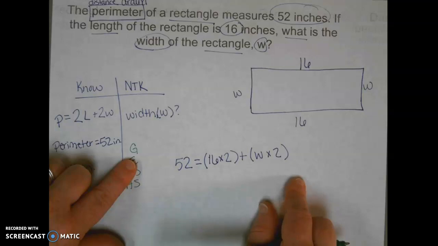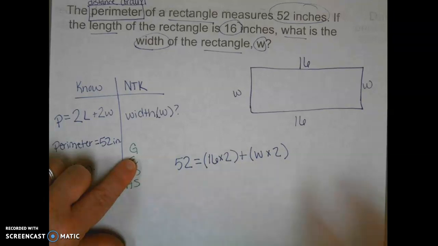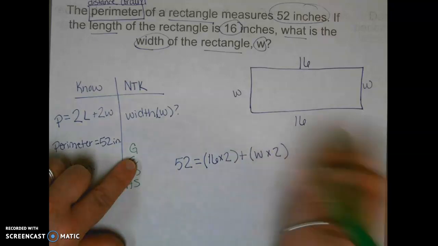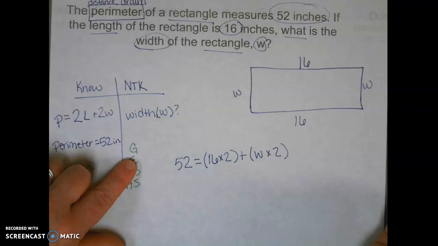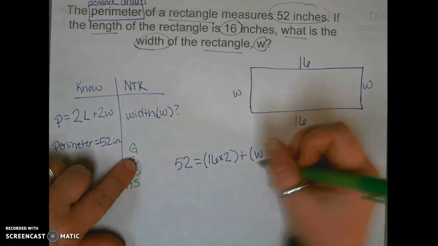But the first thing that I really notice whenever I look at this is I don't really like the way that it's written. And because I know with order of operations that I can move things around, I want to rewrite my equation to be something easier for me to see.